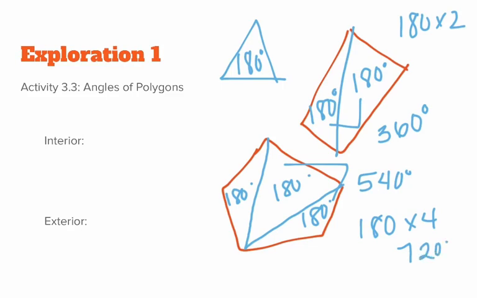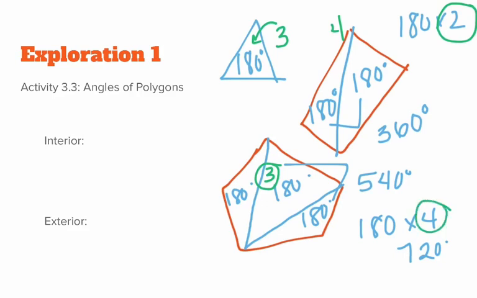Now, if again we were in class, I'd have you looking for a pattern, and hopefully you recognize a triangle has 3 sides. Well, there's 1 triangle. A quadrilateral has 4 sides. There are 2 triangles. A pentagon has 5 sides. There are 3 triangles. And a hexagon has 6 sides, and there are 4 triangles.